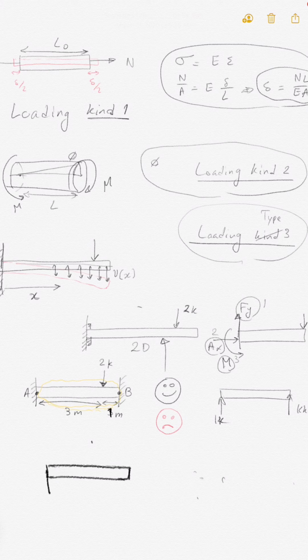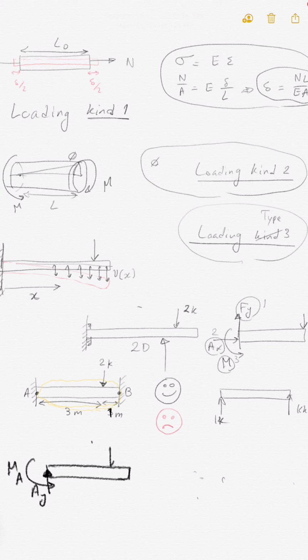Here you have AY, MA, right? 2 unknowns at A, because it's fixed to the wall. Although you have also one in the X direction, but because we don't consider X here, we just don't write it here. So 2 unknowns here.